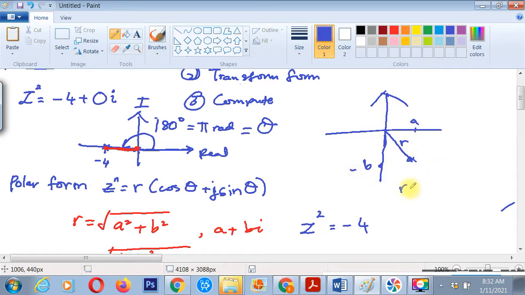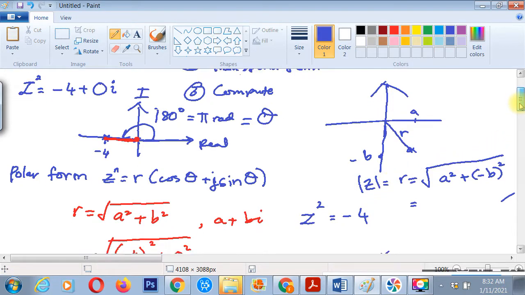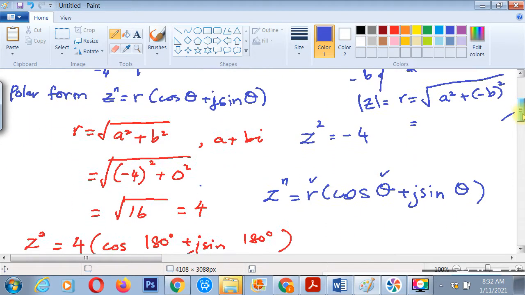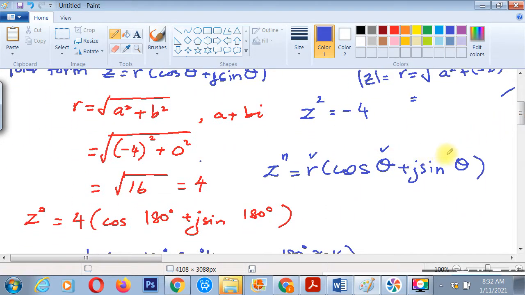So r will be, by Pythagoras' theorem, the square root of a squared plus negative b squared. So you will get what we call the z norm. If you go through the notes and my video lecture, alright? Okay, I think it's clear.